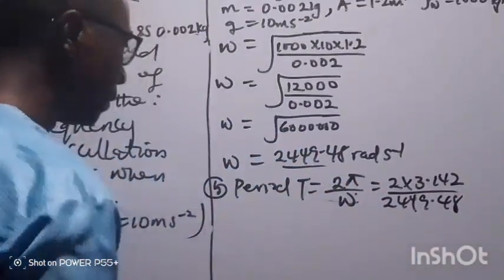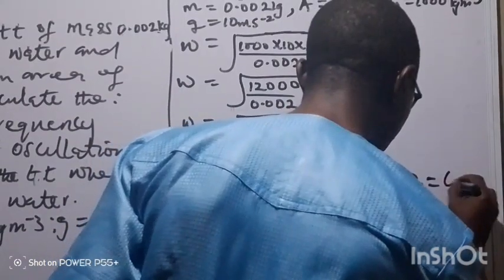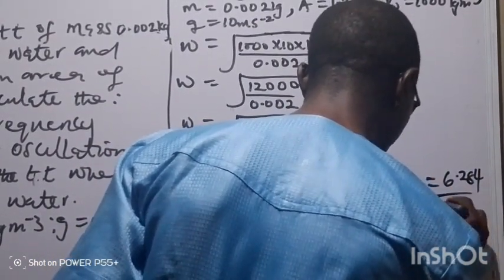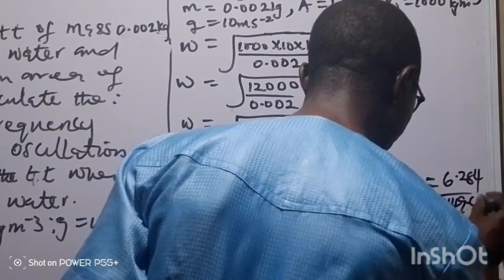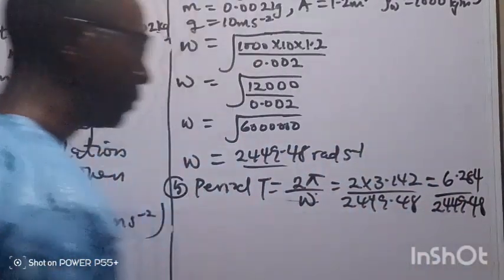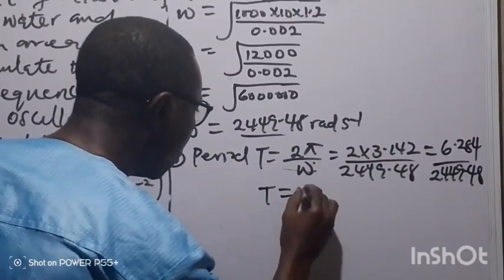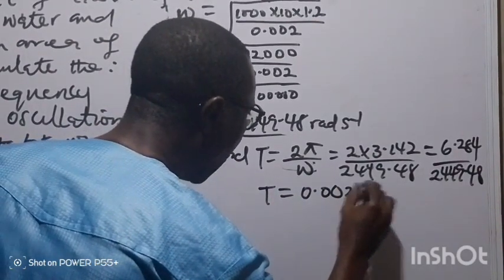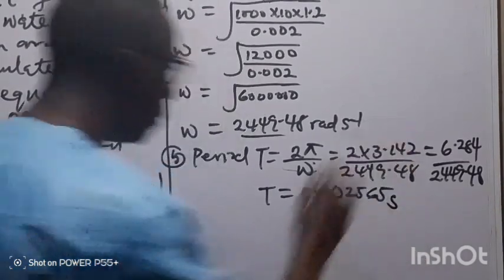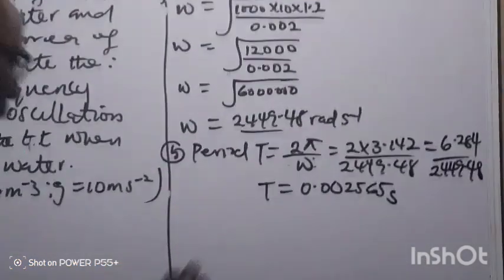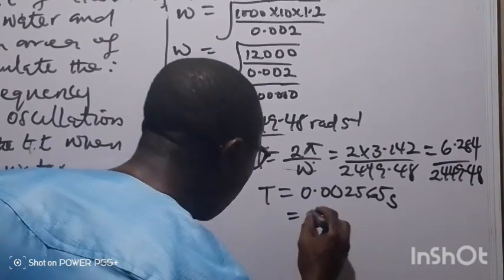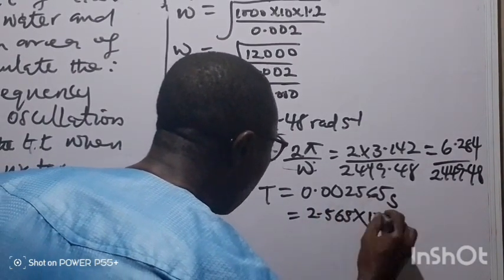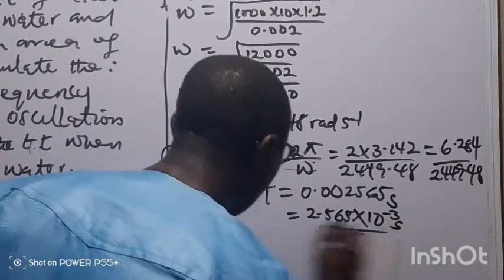That will be 6.284, then divided by 2449.48. Period T will be equal to 0.002565 seconds. Then in standard form, that will be equal to 2.565 times 10 raised to power minus 3 seconds. That's the period of oscillation.